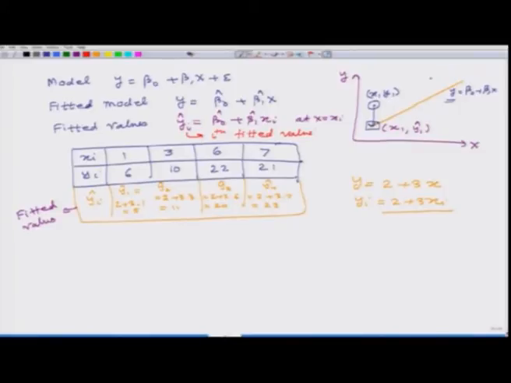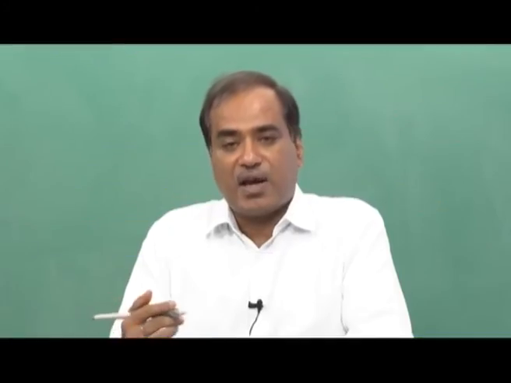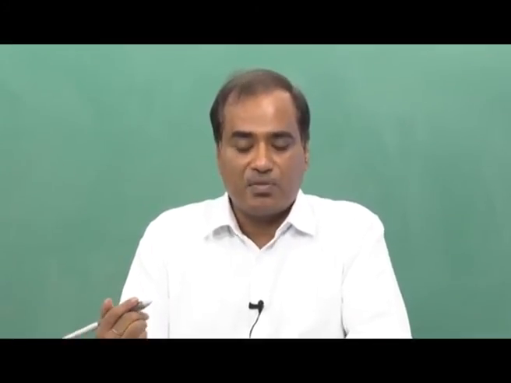Now let us try to see a different aspect. I can find out the difference between yi and yi hat. yi is the observed value and yi hat is the value of y obtained from the model.